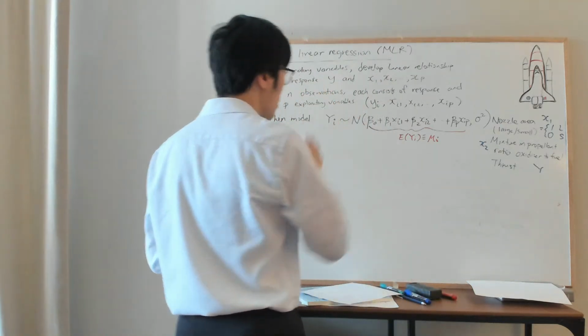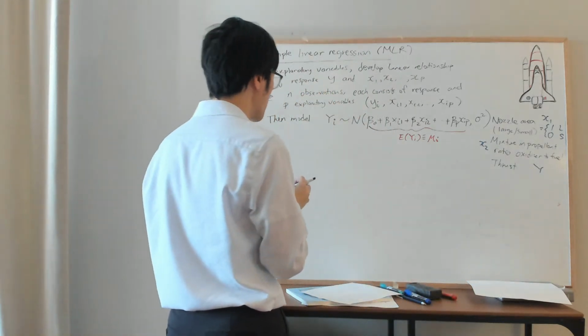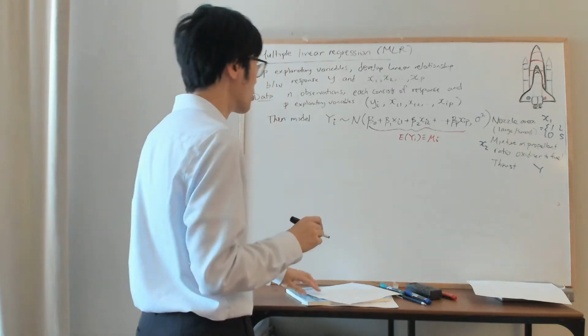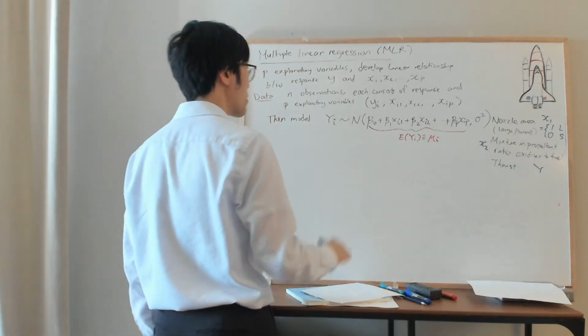So that's the normal distribution that's assumed in multiple linear regression.